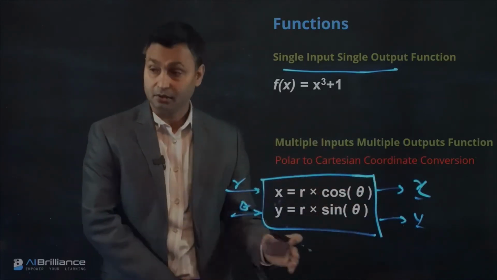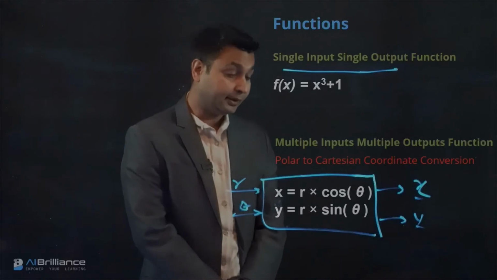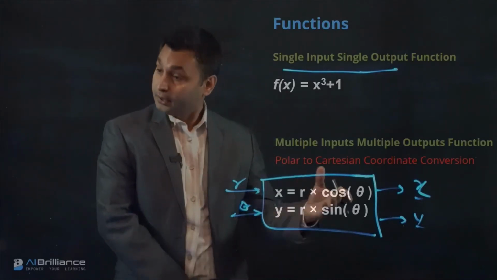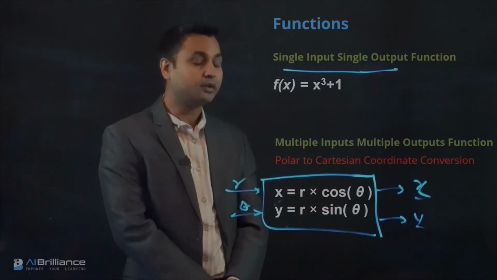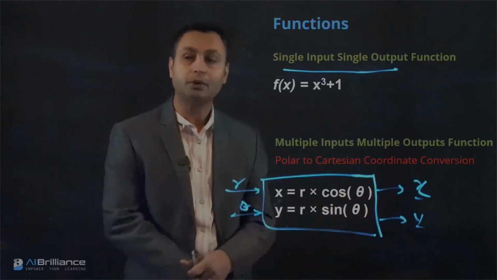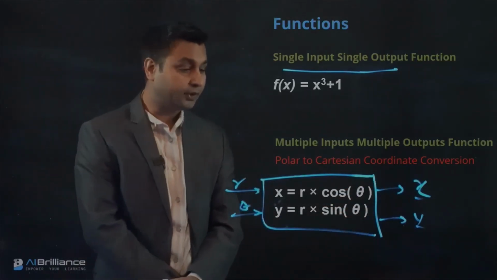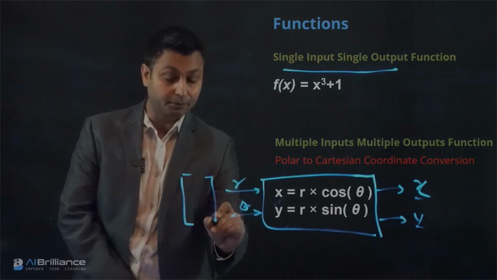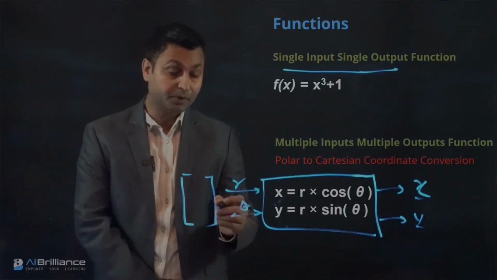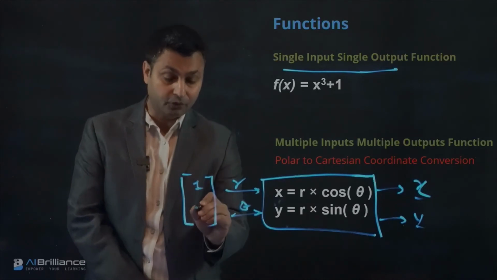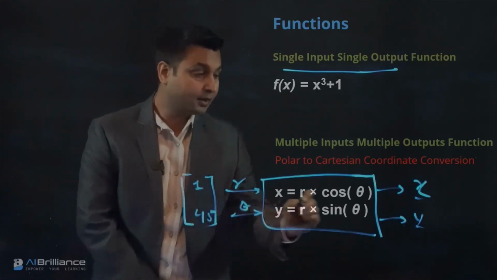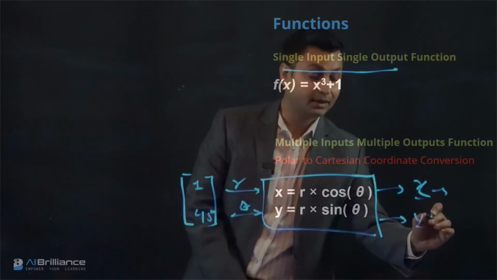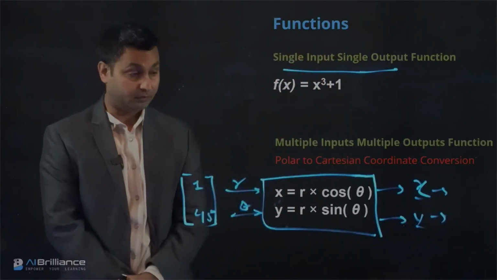You can take this idea and extend it into cylindrical coordinates in 3D and so on, which is also a multiple input and multiple output type of function. So here you will provide, let's say, a pair of numbers, and this pair of numbers could be 1 and 45 degrees, and you will get some coordinate x and y out of this function transformation.